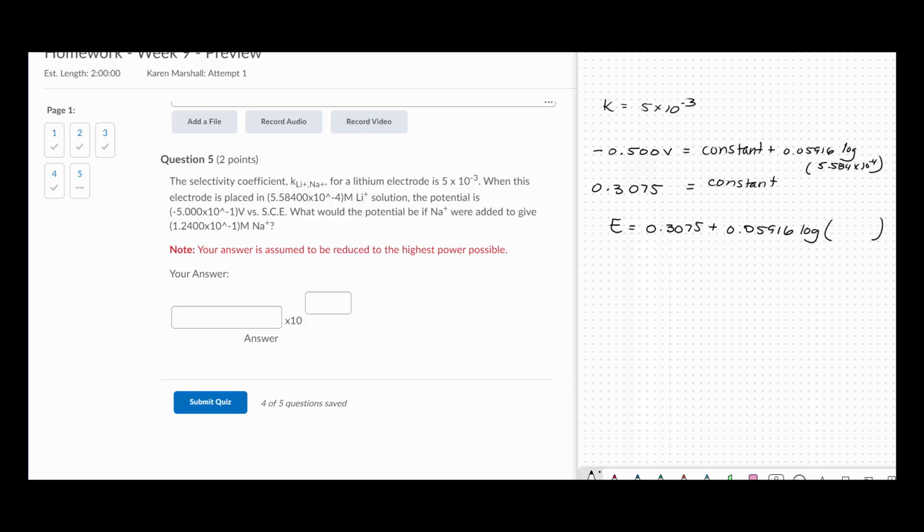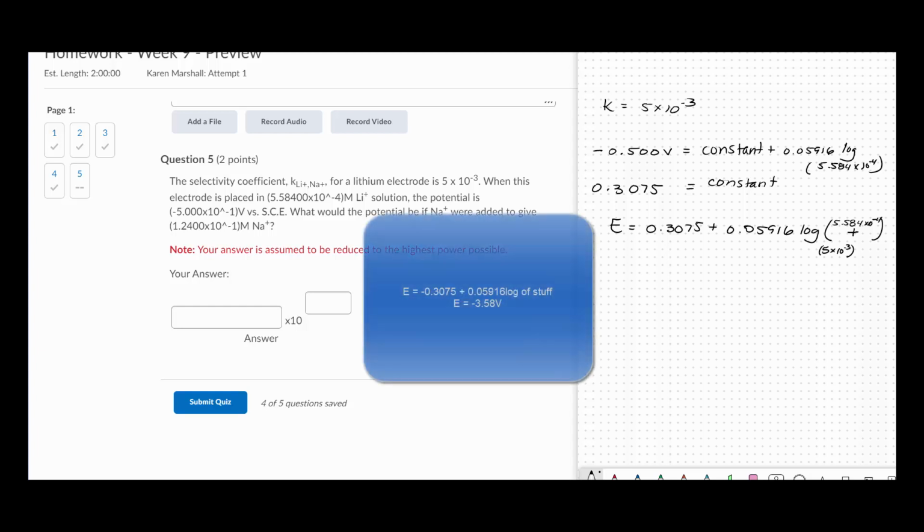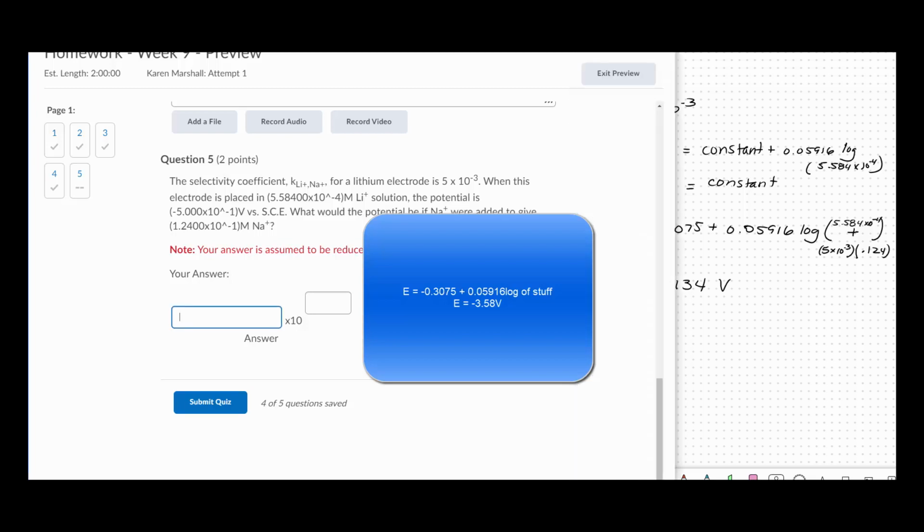So the concentration of our lithium, 5.584 times 10 to the negative 4, plus my K value, 5 times 10 to the negative 3, multiplied by the concentration of my sodium, 0.124. So then the E, after we've added the sodium in, is 0.134 volts. We're asked for our answer in scientific notation, so 1.34 times 10 to the negative 1.